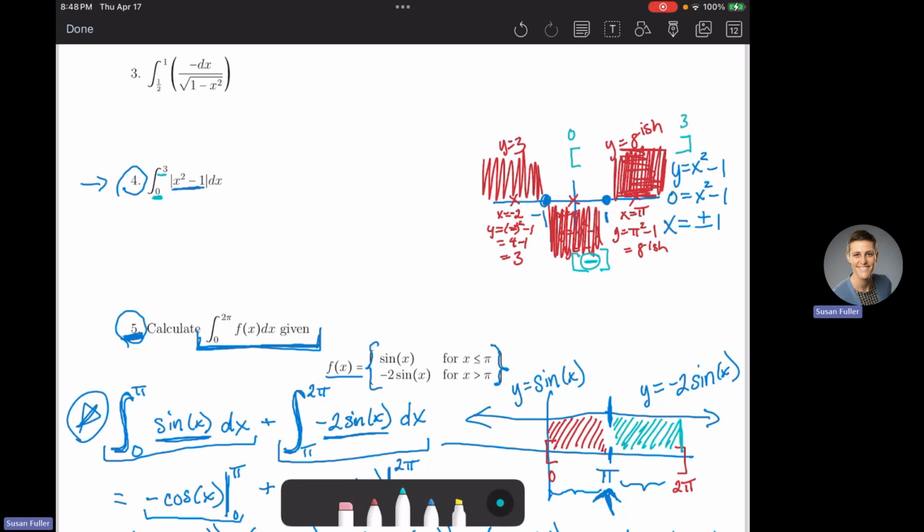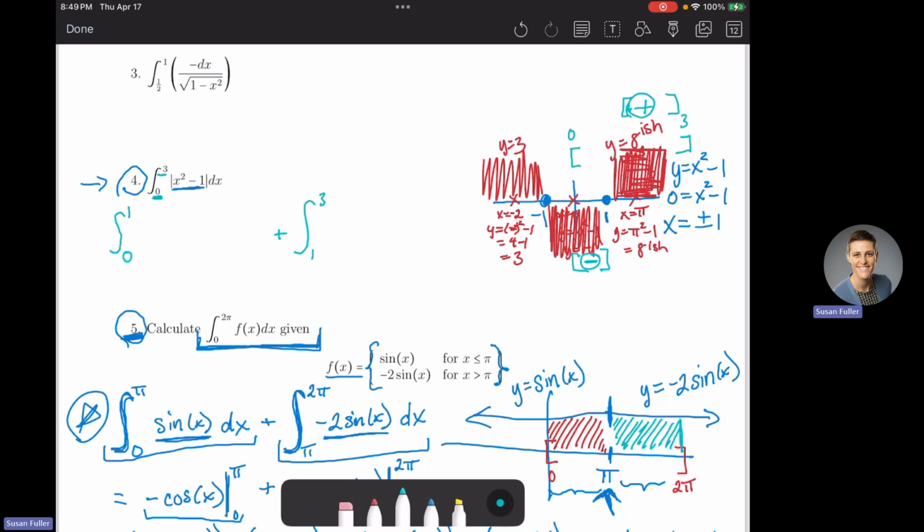And then from 1 to 3, my area is positive and above the x-axis. So we're going to have to split this up into 2 integrals. One integral is going to cover from 0 to 1, because that's where I have negative area. And the other integral is going to cover from 1 to 3, because that's where I have positive area.